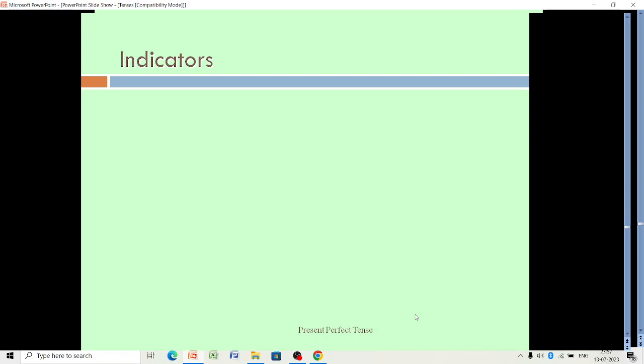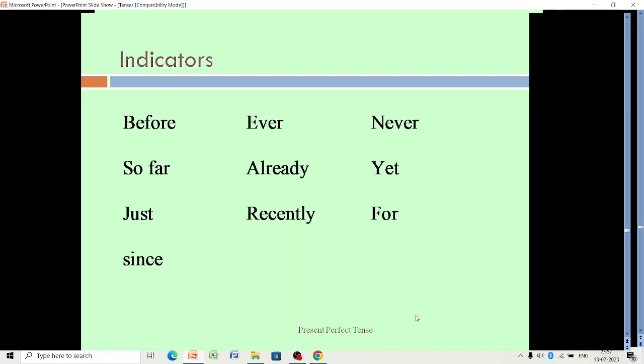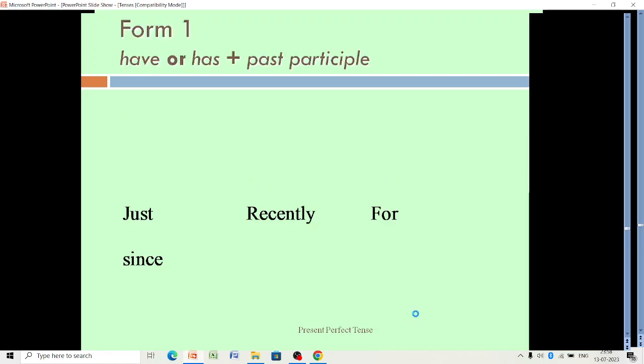So now we'll see the indicators of present perfect: before, so far, just, since, ever, already, recently, never, yet, for. These are the words which are used to express present perfect.